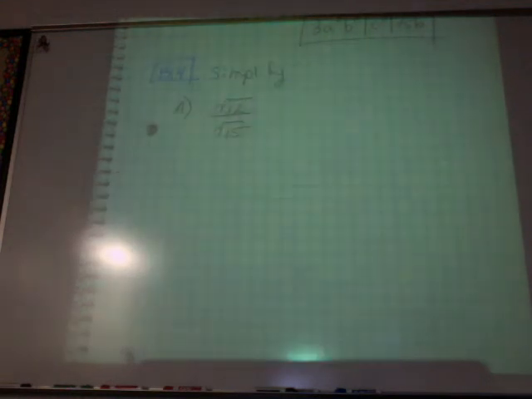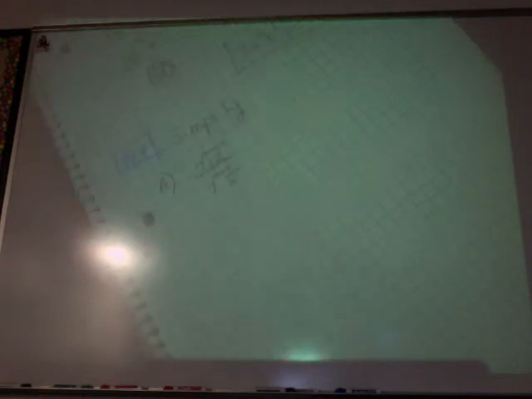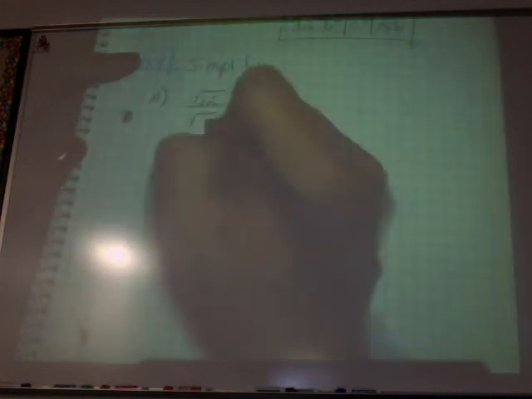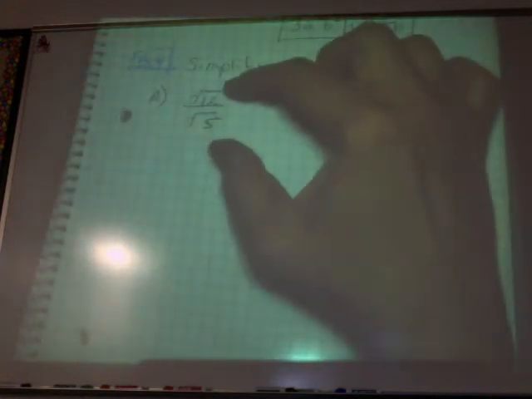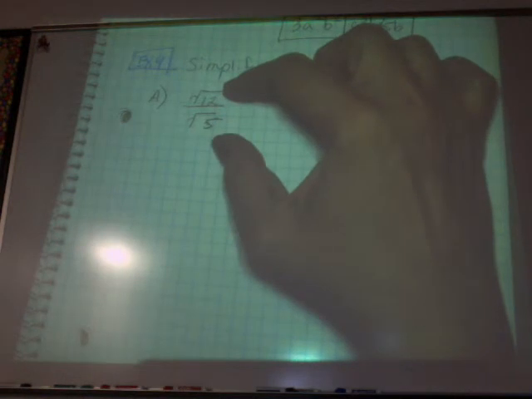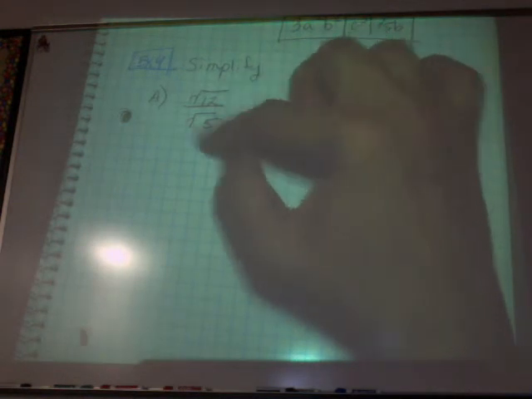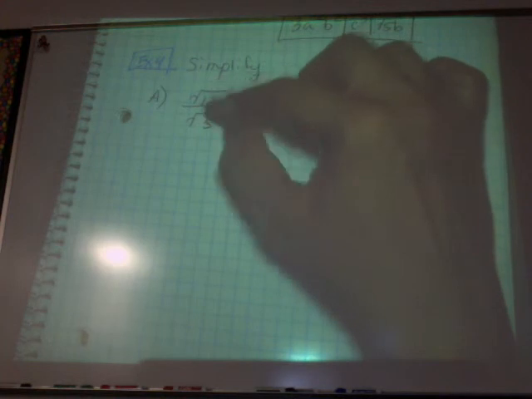Now, I'm sorry, not the square root of 15. I want the square root of 5. All right, so whatever's underneath the radical, you can divide those or simplify them. So if it had been 15, wouldn't 12 and 15 have a 3 in common? So you could have reduced them both by a 3.